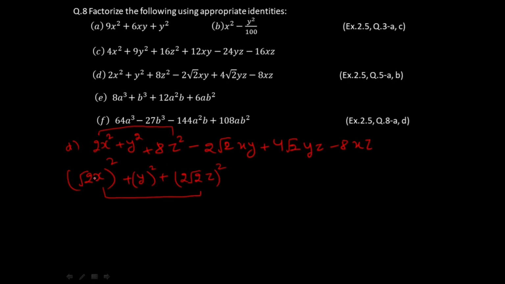Now, if I use that identity, a square plus b square plus c square plus 2ab plus 2bc plus 2ca, this is c, and this is root 2x, this is a.